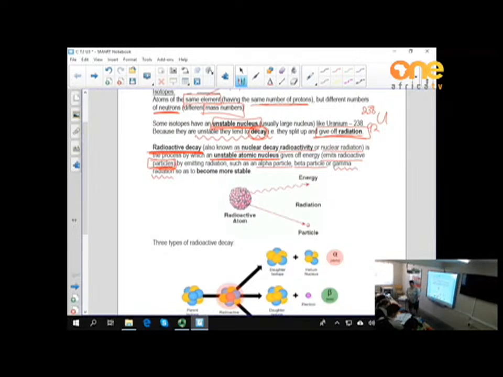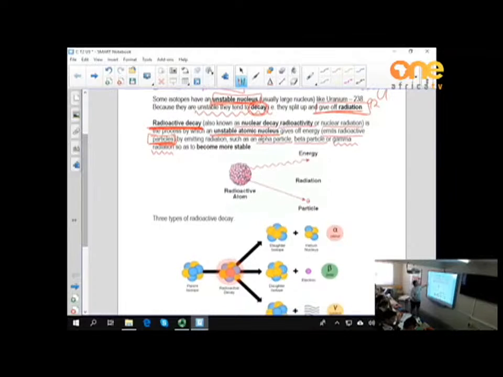Now what happens is, an alpha particle, at this point you don't need to specifically know what an alpha particle is, but an alpha particle consists of 2 protons and 2 neutrons. So it's a fairly large particle. 2 protons and 2 neutrons sticking to each other, and it's shot out from the nucleus.